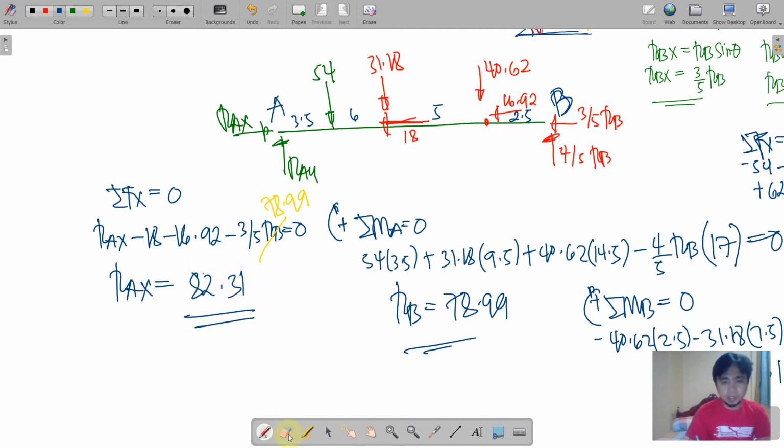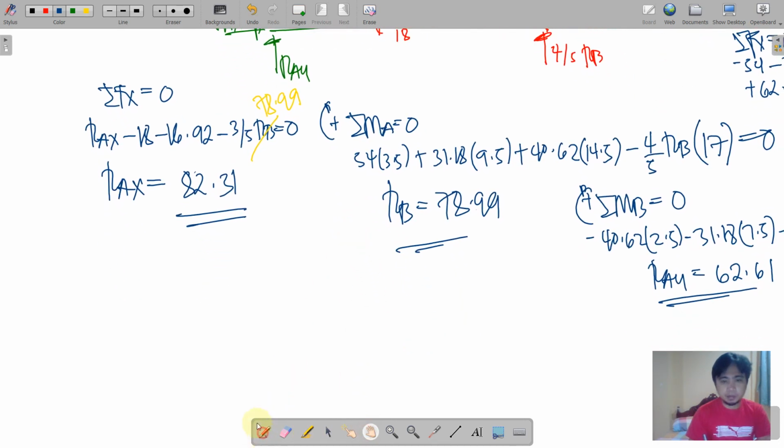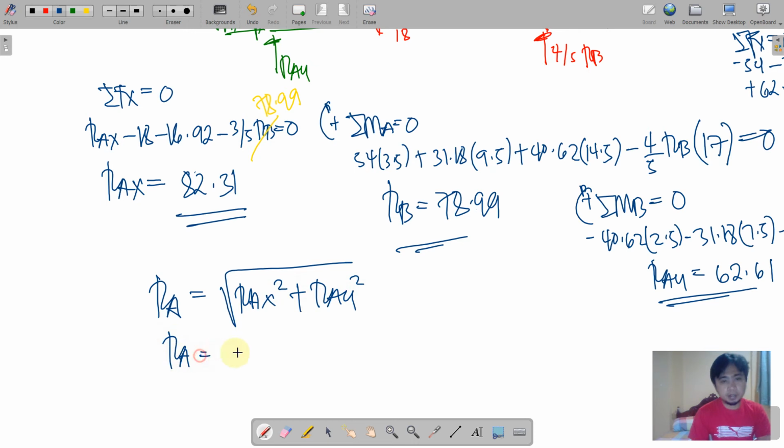So finally, we can now determine the resultant reaction at A, that is simply equal to the square root of RAX squared plus the component of Y also squared. So RA is equal to the square root of 82.31 squared plus RAY 62.61 squared.